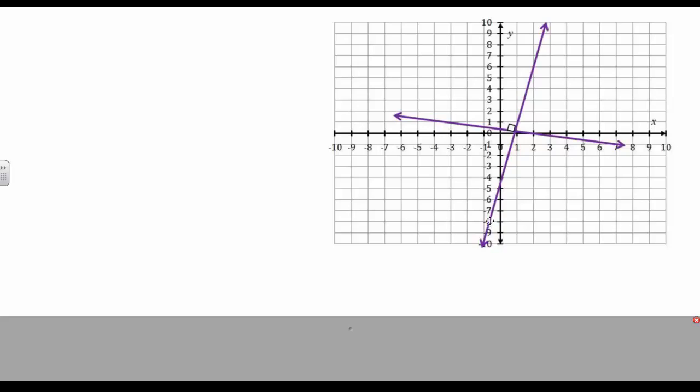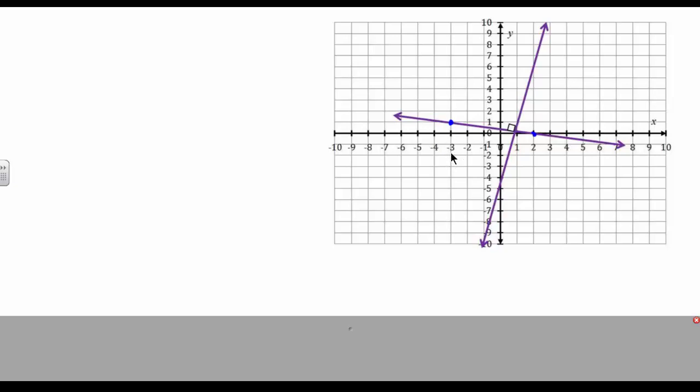So let's find a couple of points that this line goes exactly through. All right, and in this case, let's go with this point here, and we'll go with this point here.